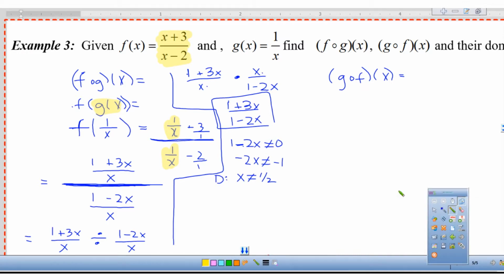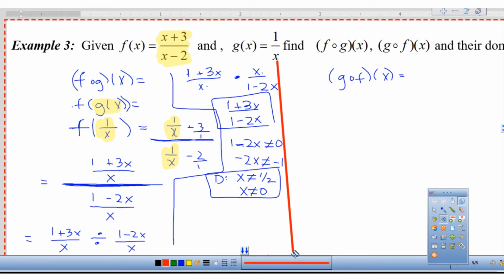What went in? 1 over x. Is there a restriction on that? Somebody tell me. Yes or no? What is it? x can't be 0, right? Because then you'll have a 0 on the bottom. If you look throughout the problem, there's nothing you have on the bottom ever besides x and 1 minus 2x. So that's your domain, and you're done with that half of the problem.